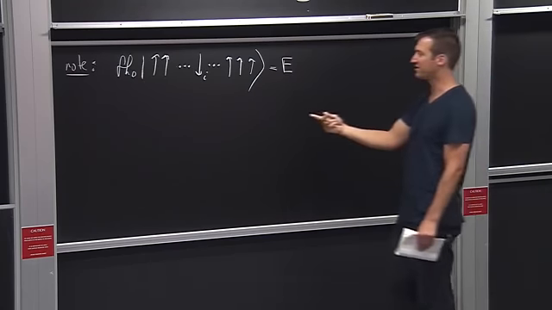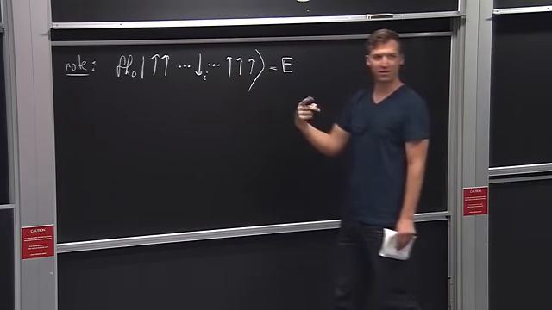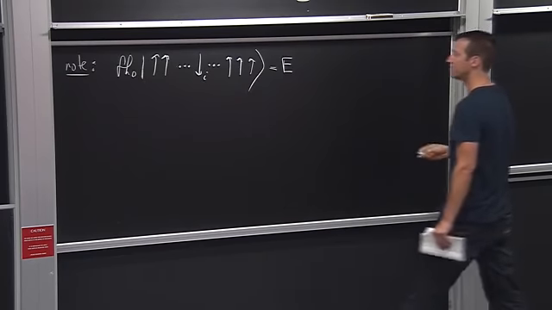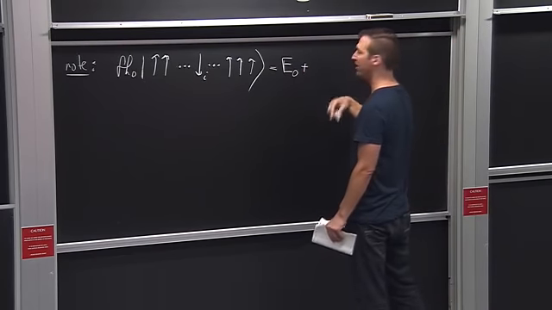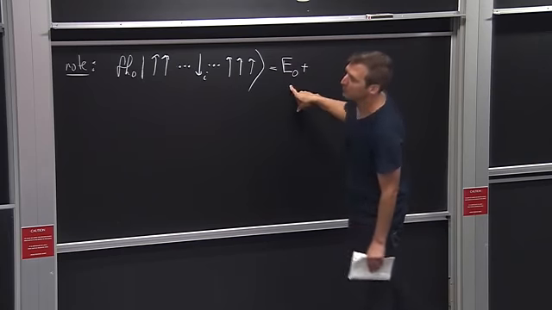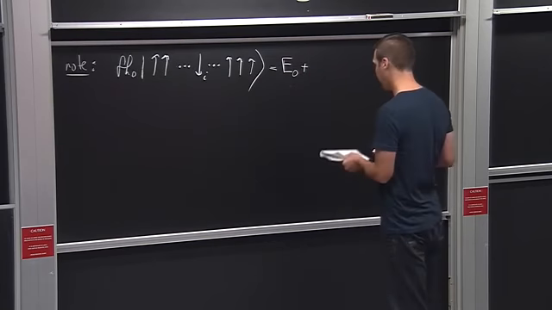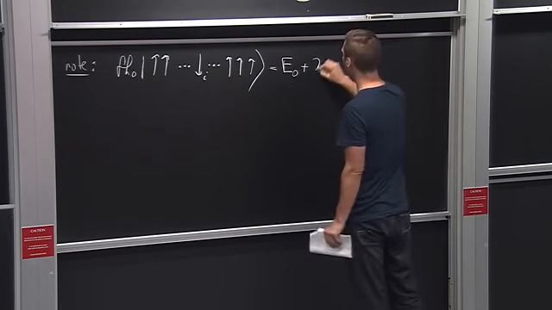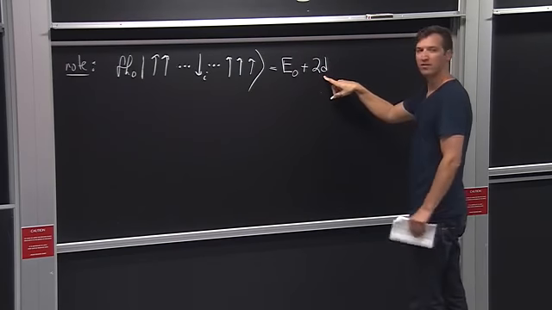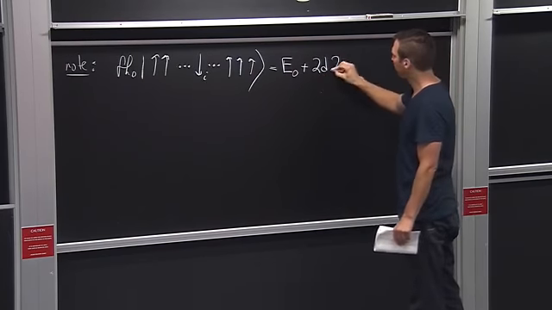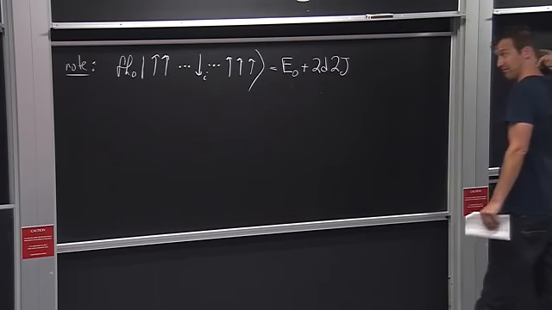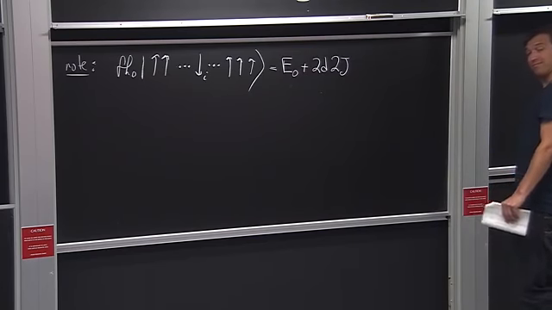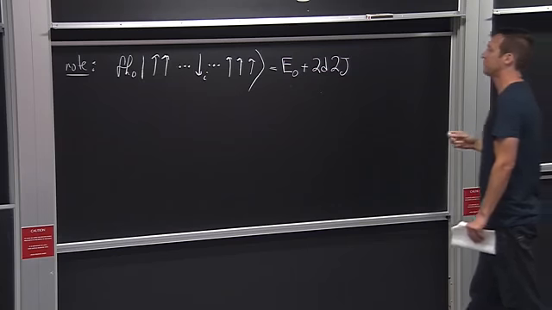Remember, the first excited state is like a minority droplet of size 1, right? So it's E naught, and the energy is raised. This is minus NdJ. And it's raised by 2D for the hypercube times 2J for the energy gain per bond.